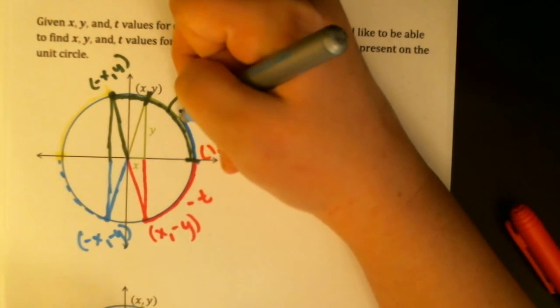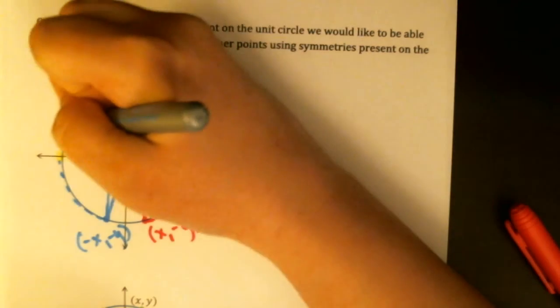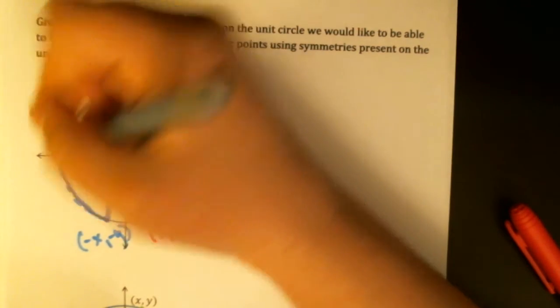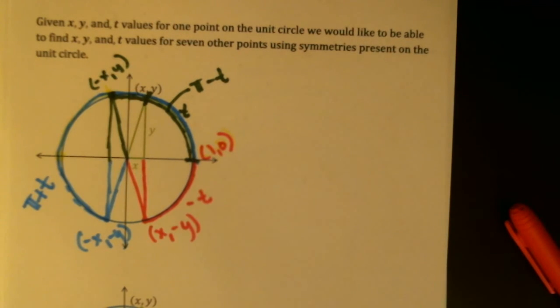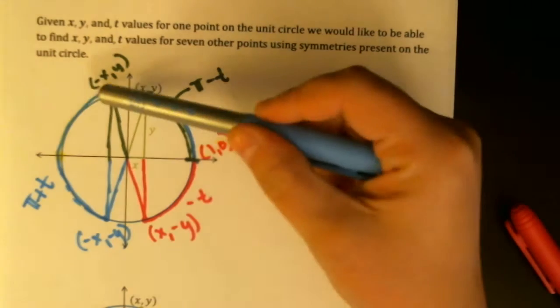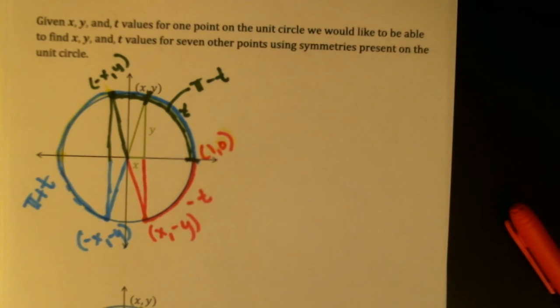I'm going to do this one because it's a little bit easier to spot. So that all the way around is pi plus t. Okay, so there's a set of 4 points that all have really nice symmetry with this (x, y) point. And I want to find, so really there's only 3 new points here. I want to find 4 more new points by using some symmetry across y equals x, and then we can just convert right back to, once we get a point from that, across the y-axis, across the x-axis.